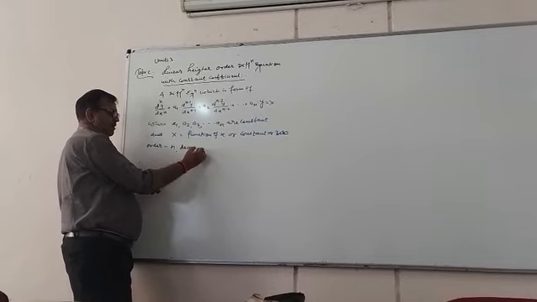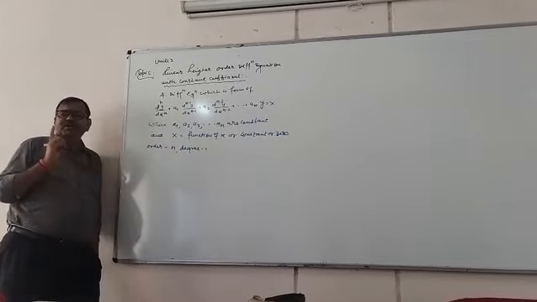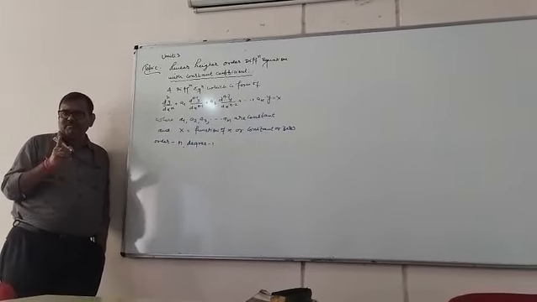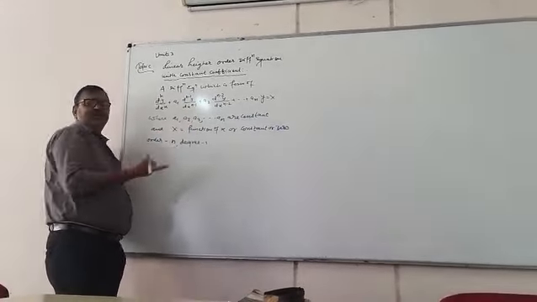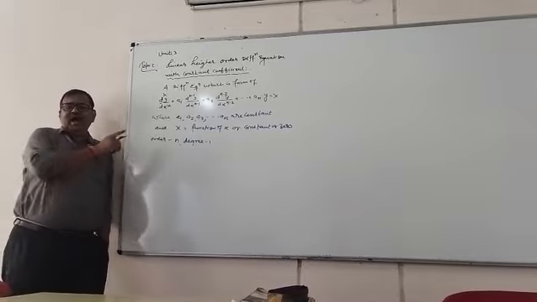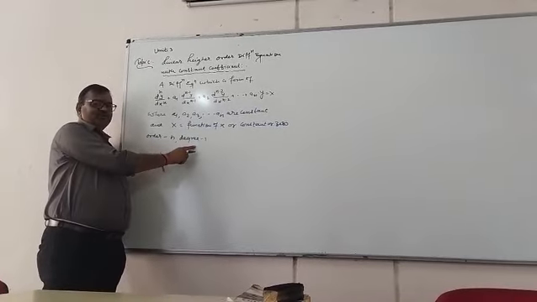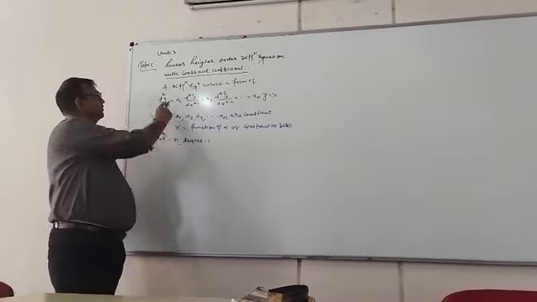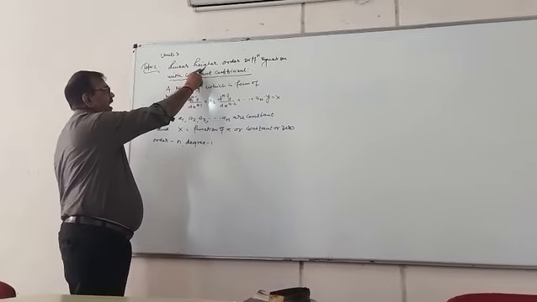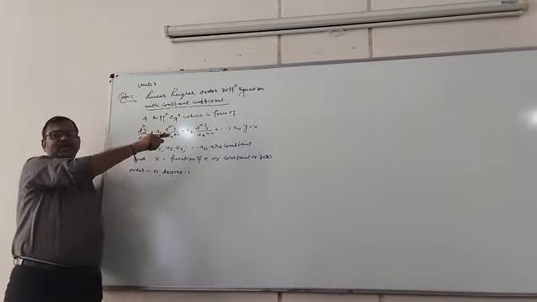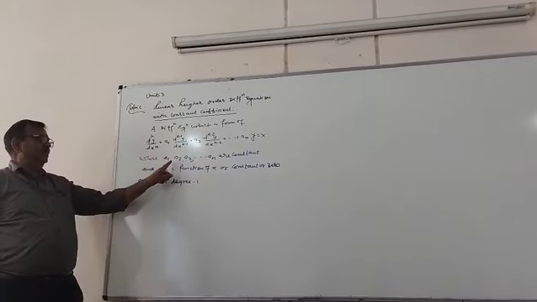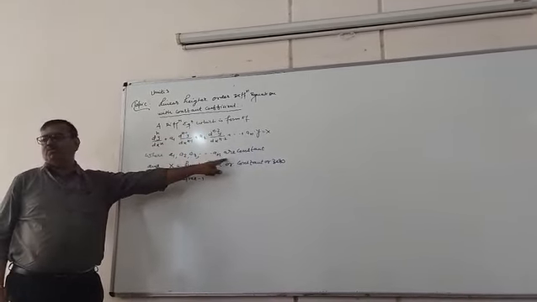Degree is also 1, sir. Degree 1, so that is linear. And derivatives are involved, so that is a differential equation. Higher order, degree 1, so that is linear. That means linear higher order differential equation with constant coefficient. The coefficients a1, a2, a3, an are all constant.